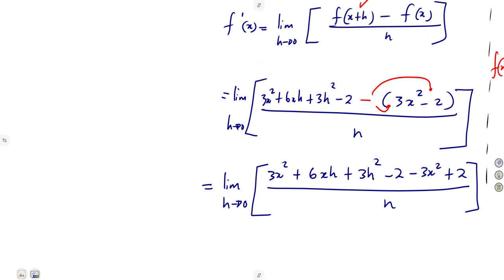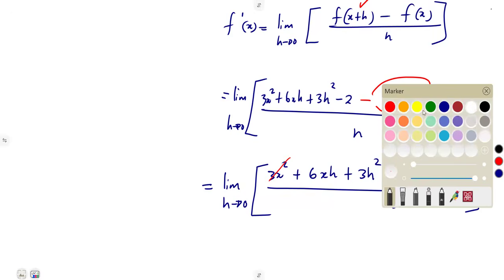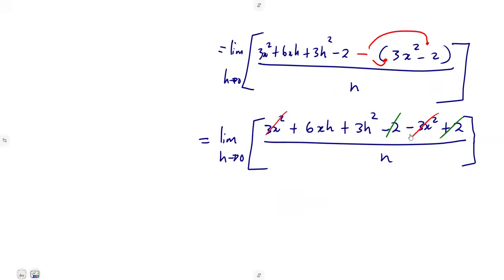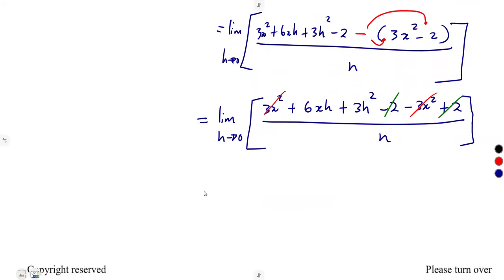So with this, we can collect the like terms and actually simplify. There is 3x squared and this minus 3x squared. There is actually going to cancel 3x squared and 3x squared. There is a negative 2 and a positive 2. This will cancel. You remain with this from what we are given. That is going to be our numerator there.